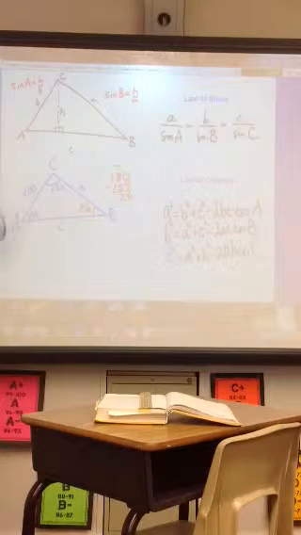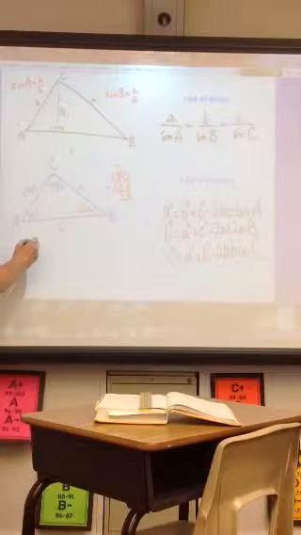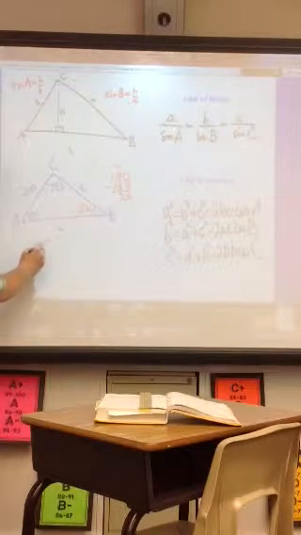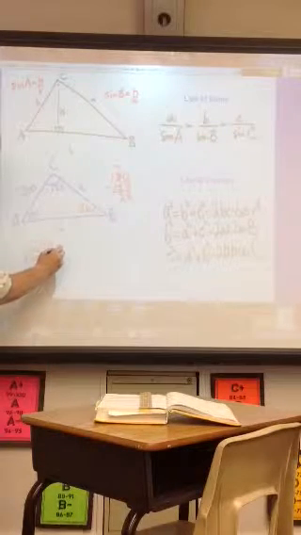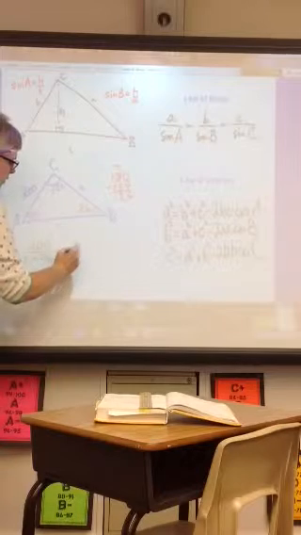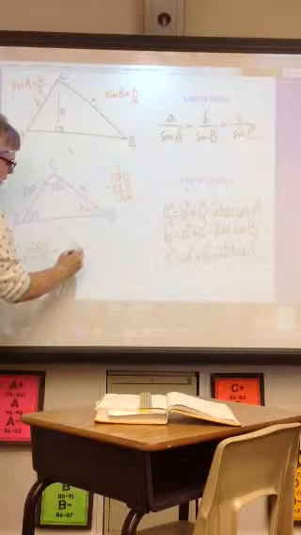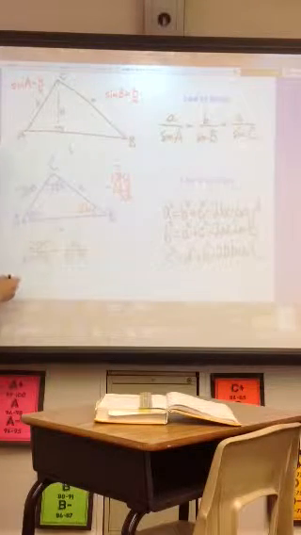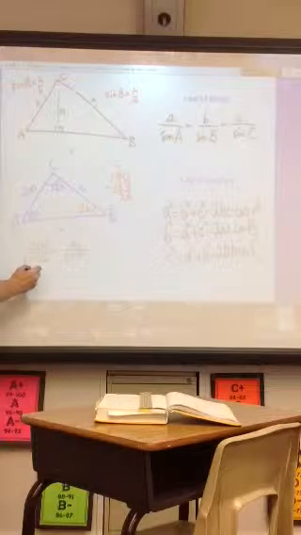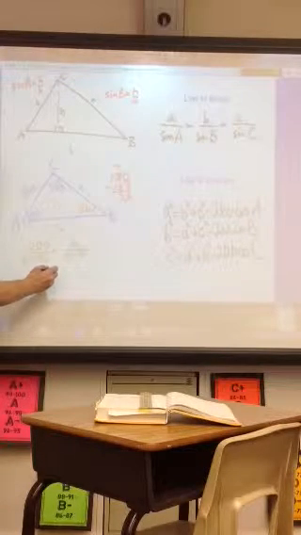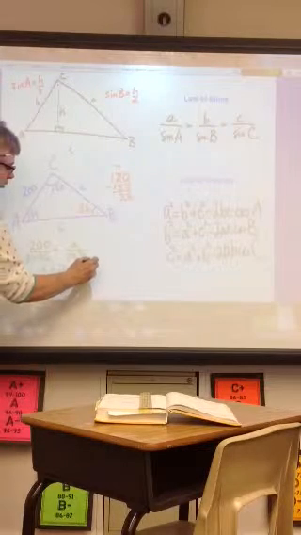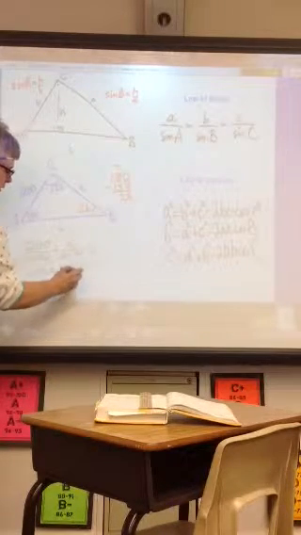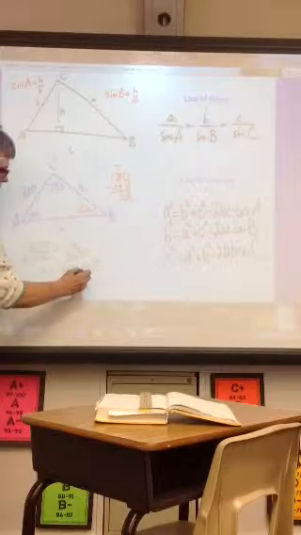So in this particular case, we're going to start out by saying 200 over sine 26 is equal to A over sine 34. Then if we cross multiply, we find out that A is going to equal 200 sine 34 over the sine of 26.